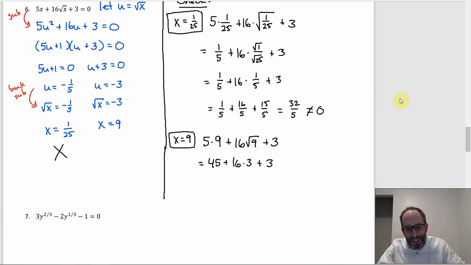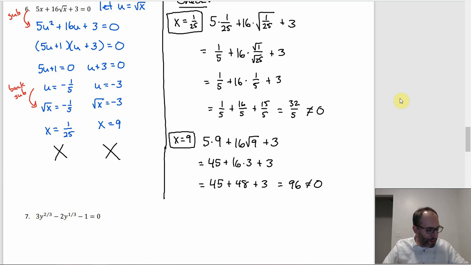It's a bunch of numbers added together. It's some positive number. So 45 plus 48 plus 3, that's 96, which is also not equal to 0. So nothing there. All right, so the solution is the empty set. Nothing actually works.